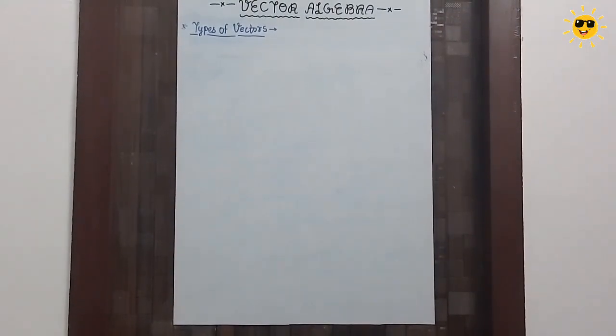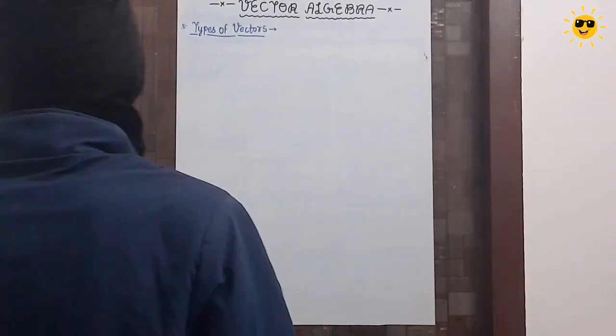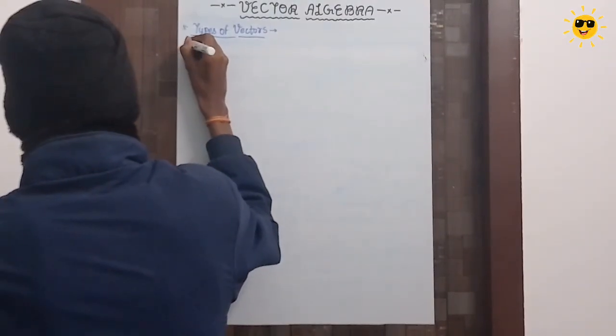Our 10th vector is called the localized vector. I'll write the definition and then explain.